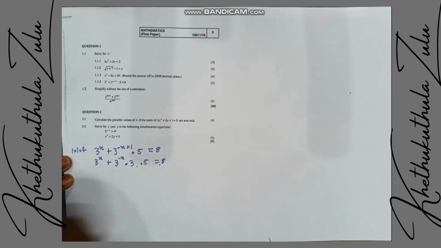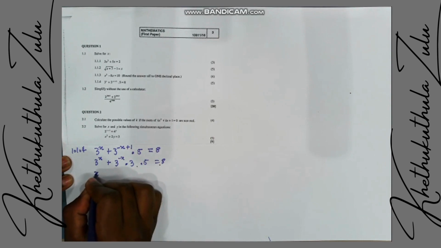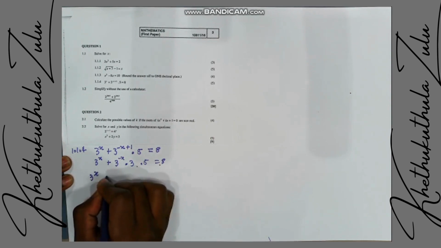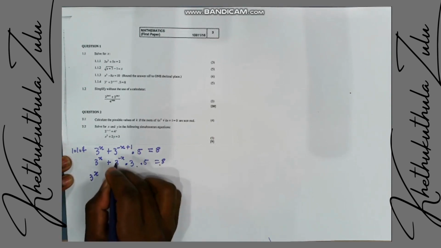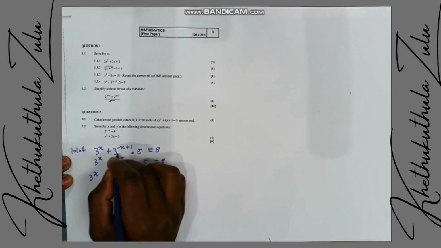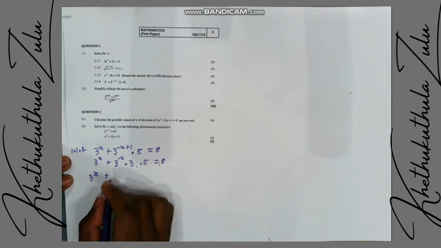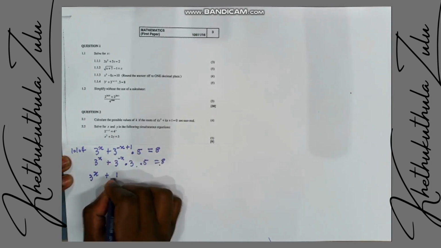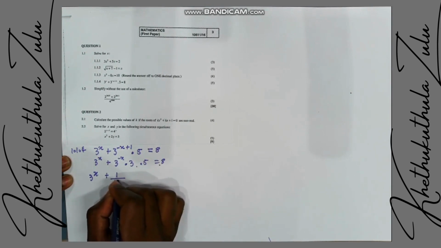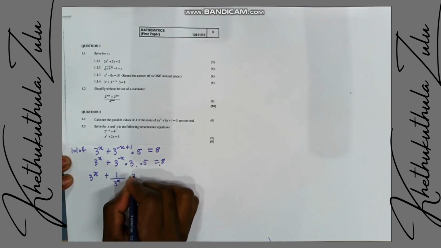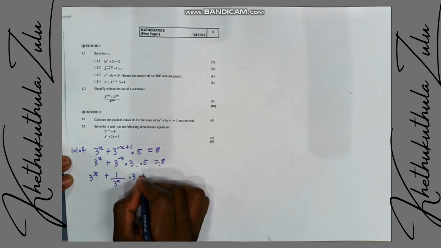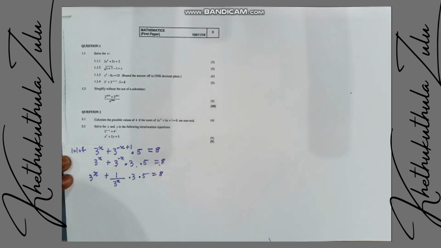Then what do we do here? We just say 3 to the x, and then plus, changing this negative x to a positive exponent, we say 1 over 3 to the x, and then times this 3, then times this 5 is equal to 8.